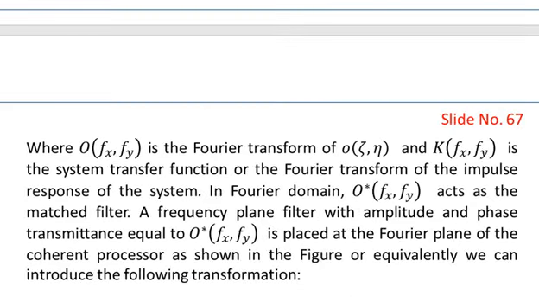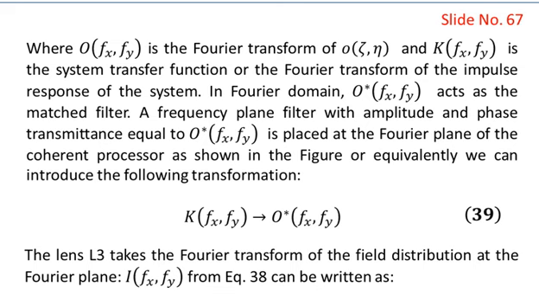Where capital O at the frequency coordinates fx, fy is the Fourier transform, or the Fourier spectrum, of the small object O located at the zeta eta plane, and capital K at the frequency plane fx, fy is the system transfer function, or the Fourier spectrum of the impulse response kappa of the system.